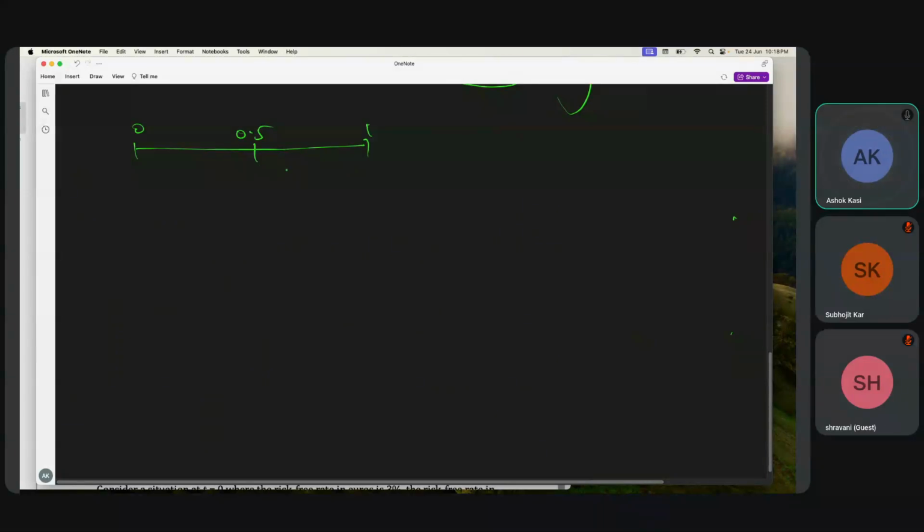Imagine you are expecting a dividend of, let's say, 5 rupees dividend.